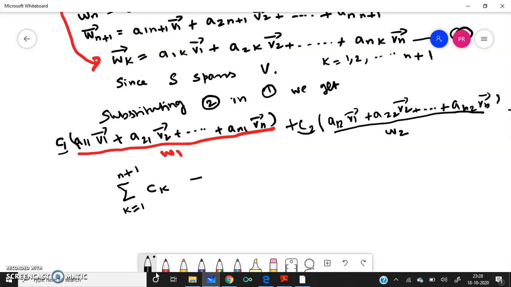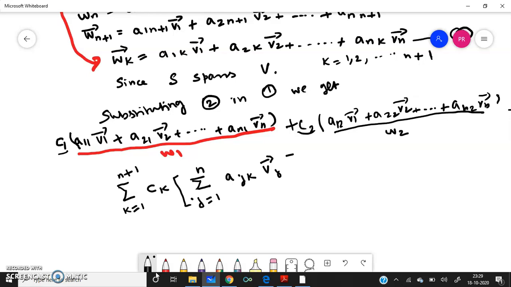So for that I will be writing summation j equal to 1 to n, because it ranges from 1 to n only, Ajk Vj.